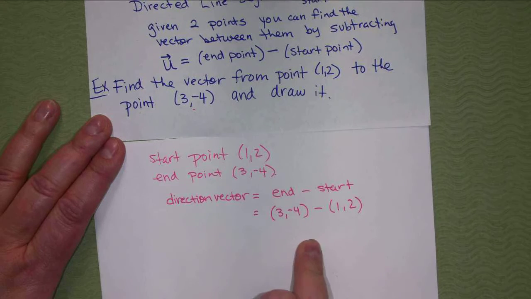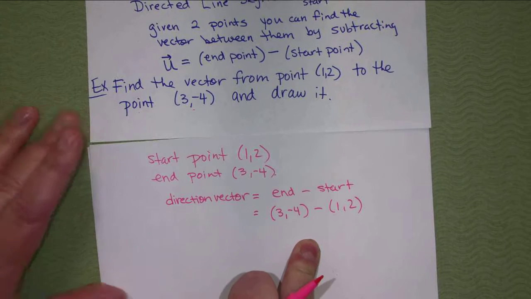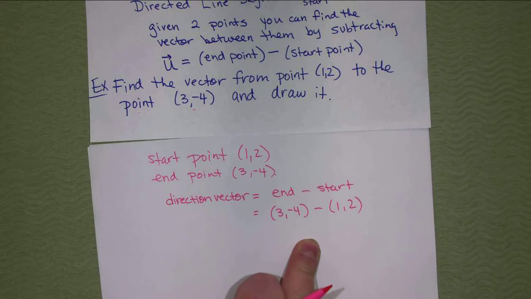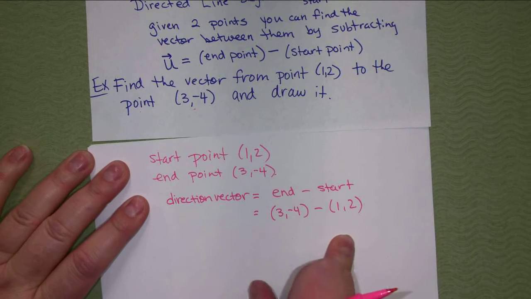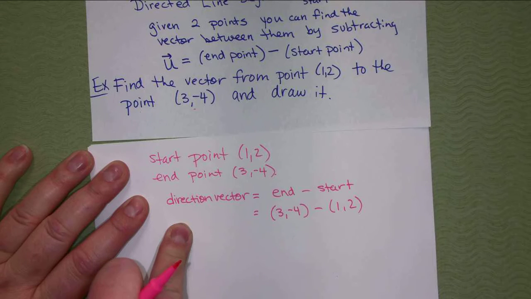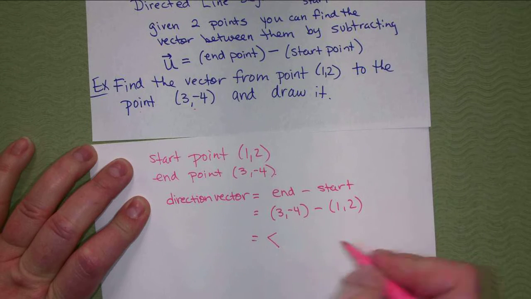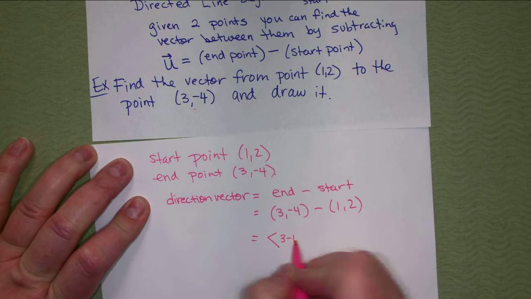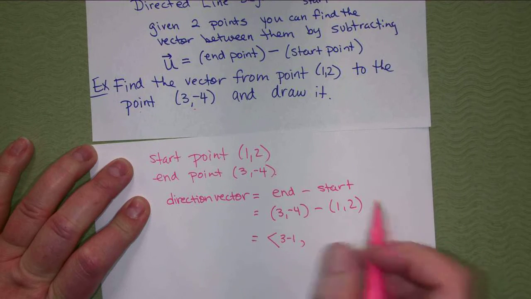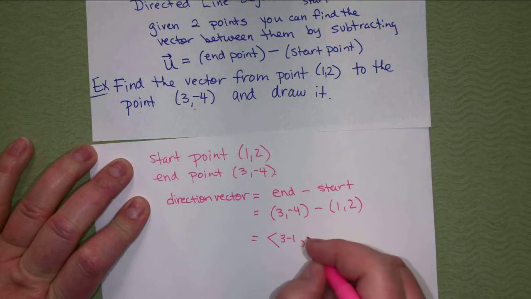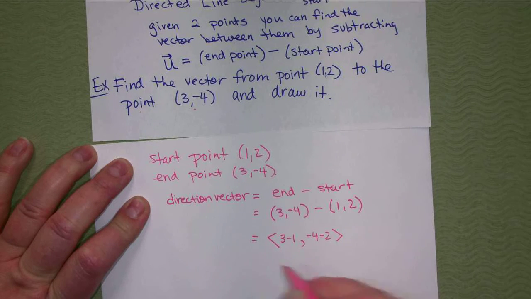So I have a round bracket, just like an ordered pair in regular math. Watch the brackets. These are round brackets. They're points, not vectors. If we were to draw these, it would just be a dot. Once I subtract them, I'm making it into a vector, so I need to change what the bracket looks like. Does that make sense? So the vector, you go 3 minus 1 for their first element, so 2, and then negative 4 minus 2.